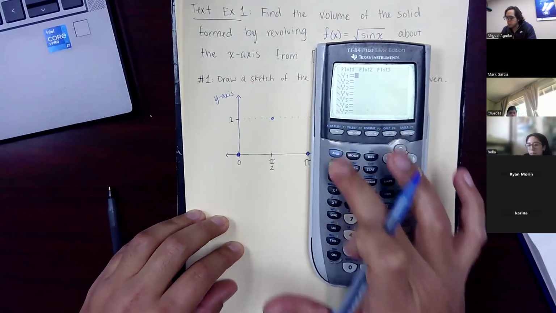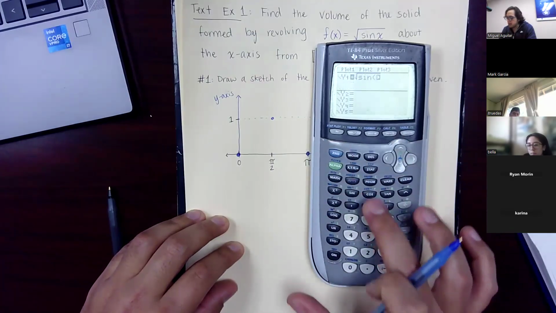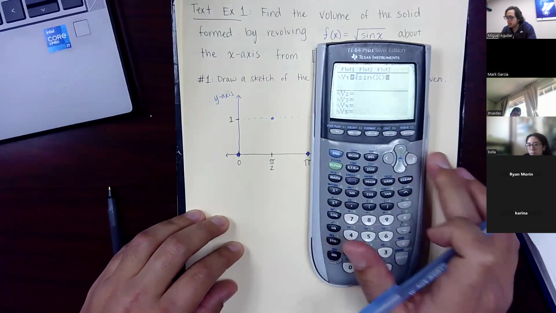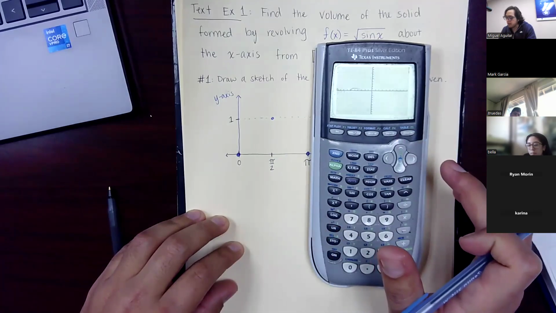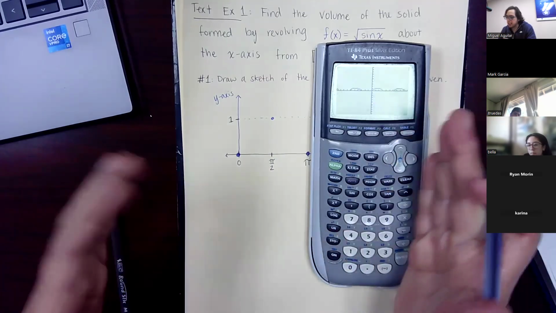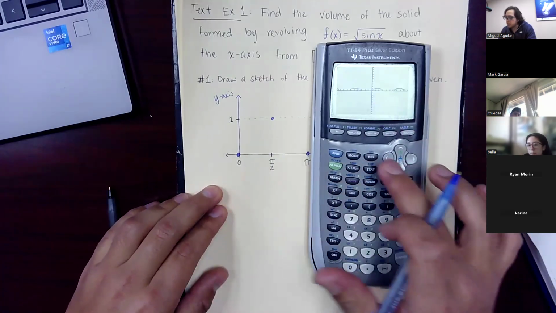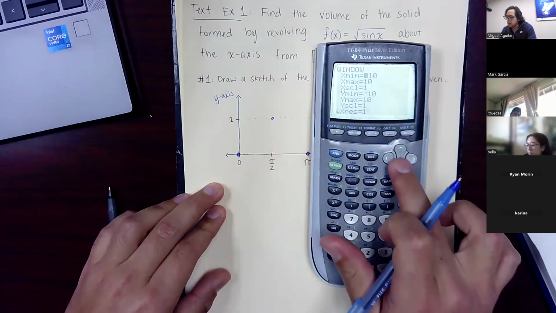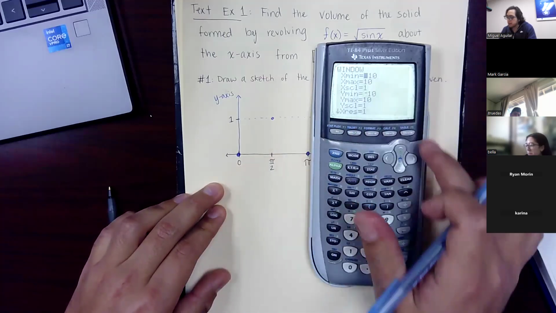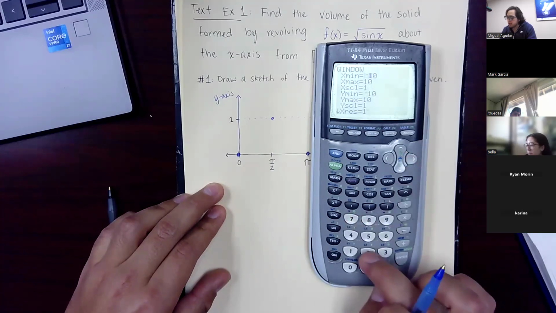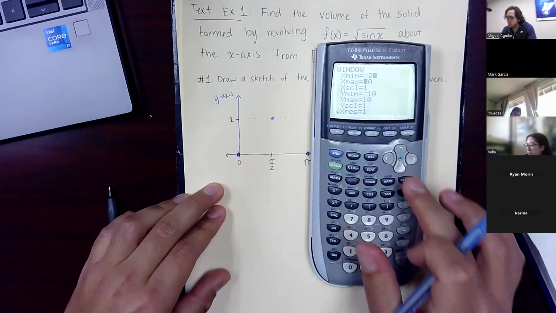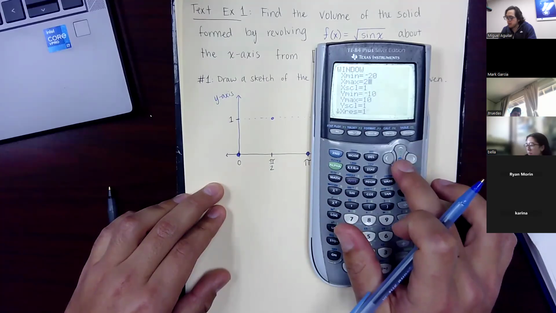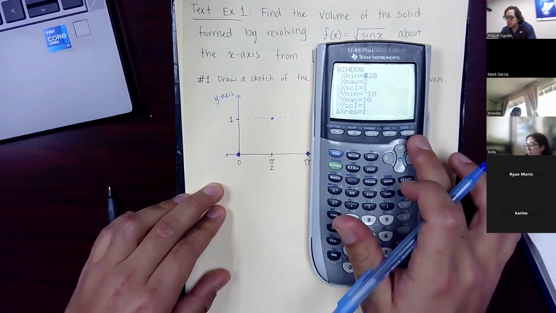So we'll just put the square root of sine of x into the calculator. And then we just want to look at that region between 0 and pi. So we'll go to the window here and change our x values. Well, it looks like y only goes up to 1. No, those are x values, my bad.